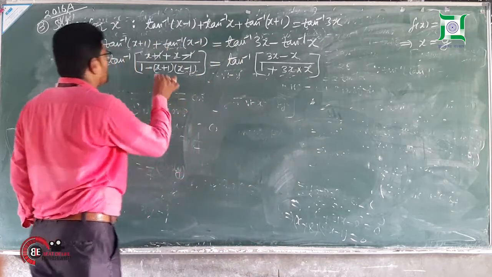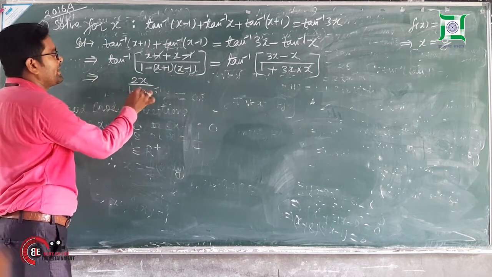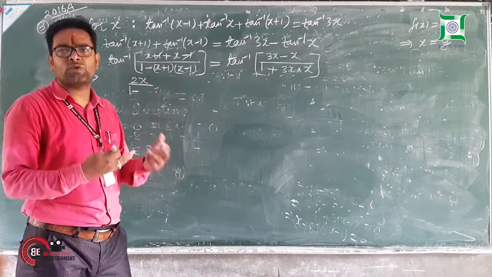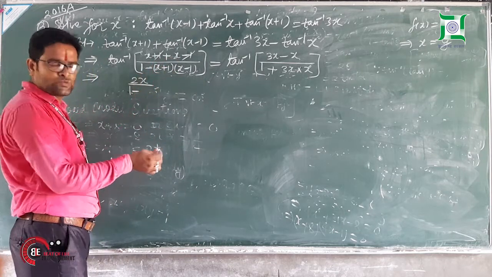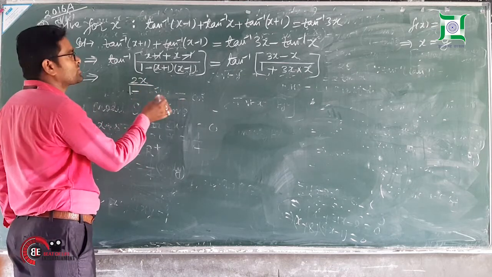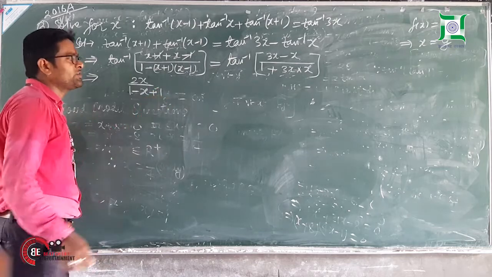Now it will be x plus x, 2x, by 1 minus, it is x square minus 1 square. So multiply with minus 1: it will be minus x square, and minus minus, plus 1. Can we write or not?